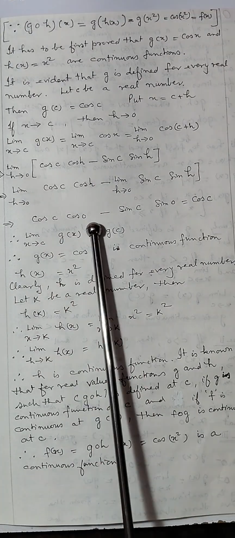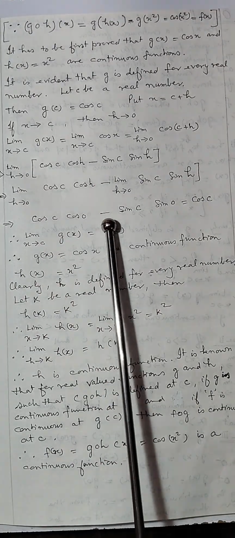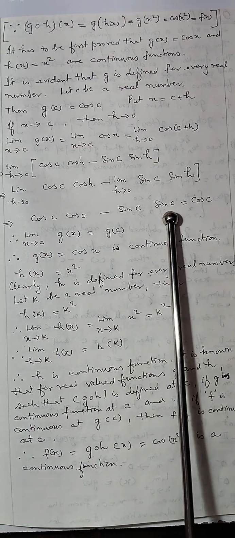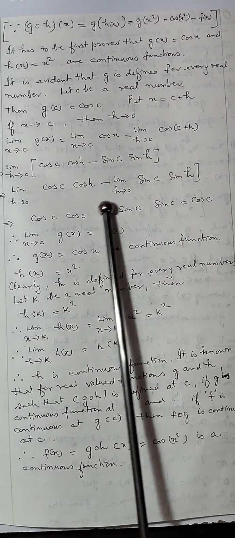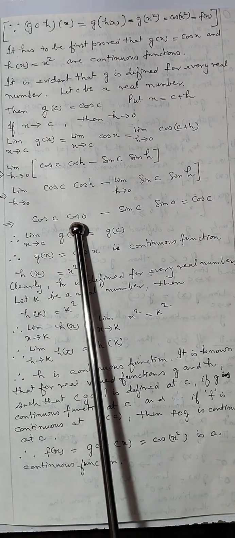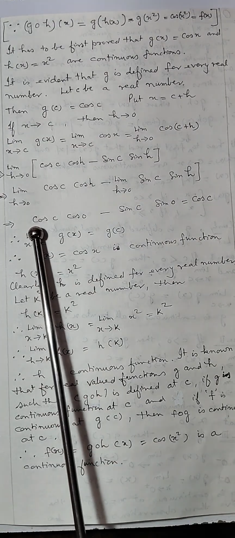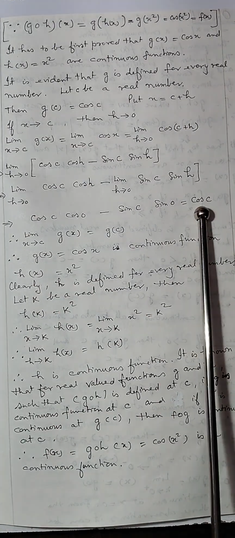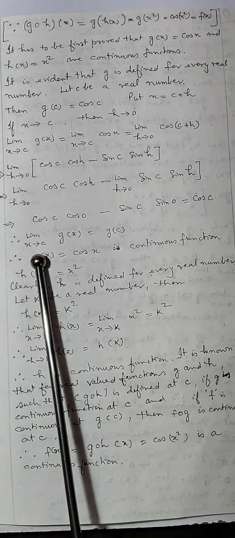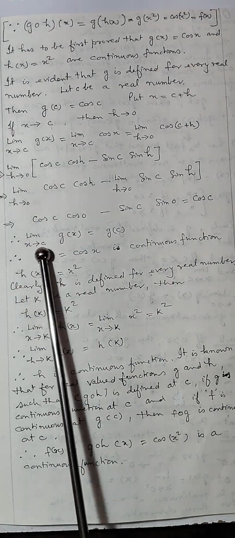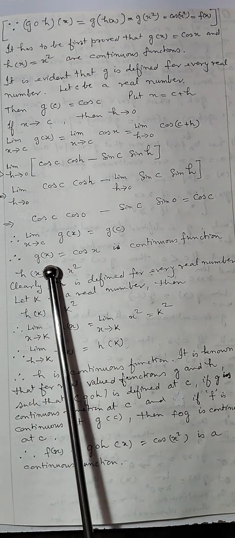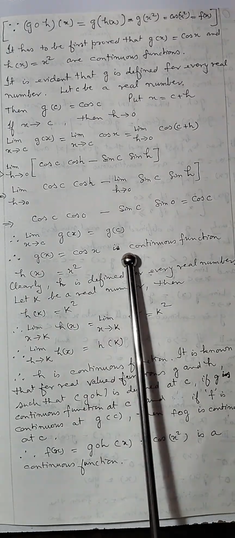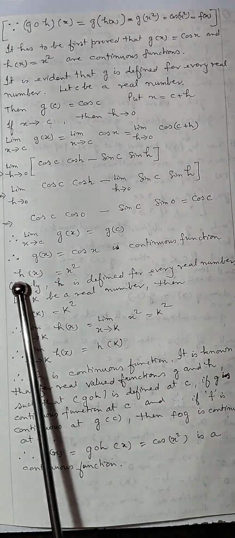So cos c into cos 0 minus sin c into sin 0. Now see, sin 0 is equal to 0, so this whole term becomes 0. And cos 0 is 1, so 1 into cos c, that will be equal to cos c. Therefore the limit x approaching c of g(x) is equal to g(c). Therefore g(x) is equal to cos x is a continuous function.